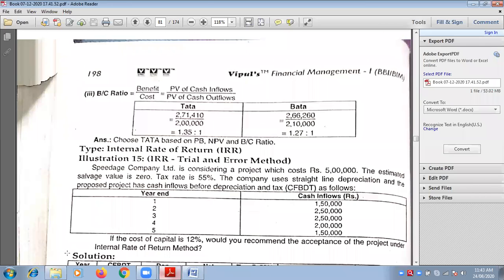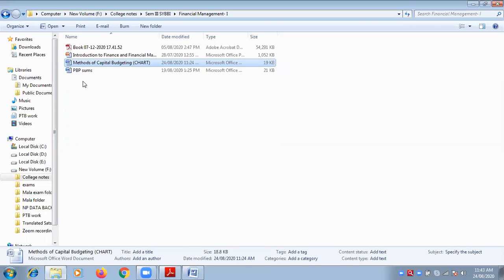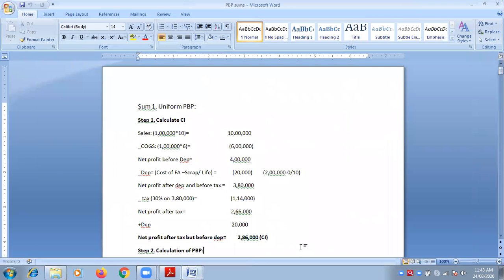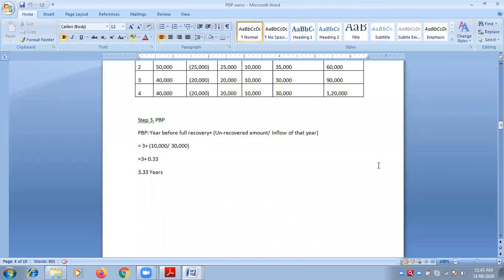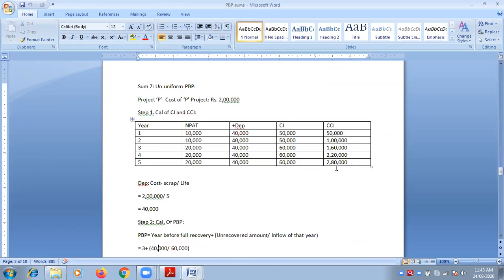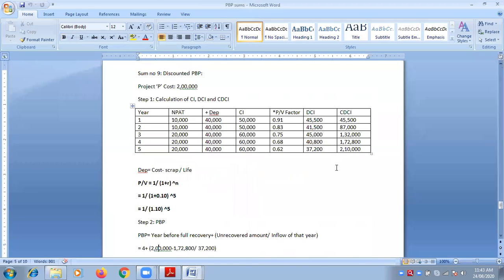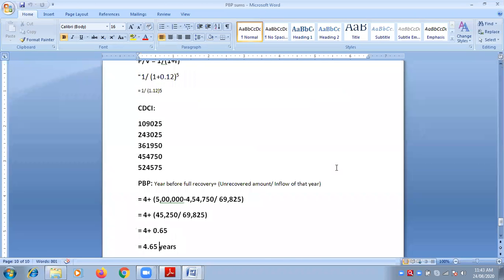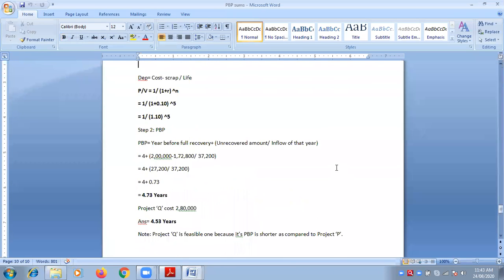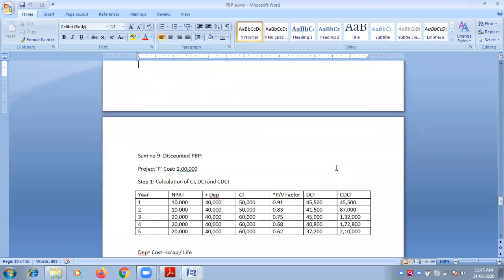Now I'll tell you how to do this sum. Wait, let me come to a fresh page. How many sums in all have we done? 10 sums, right?